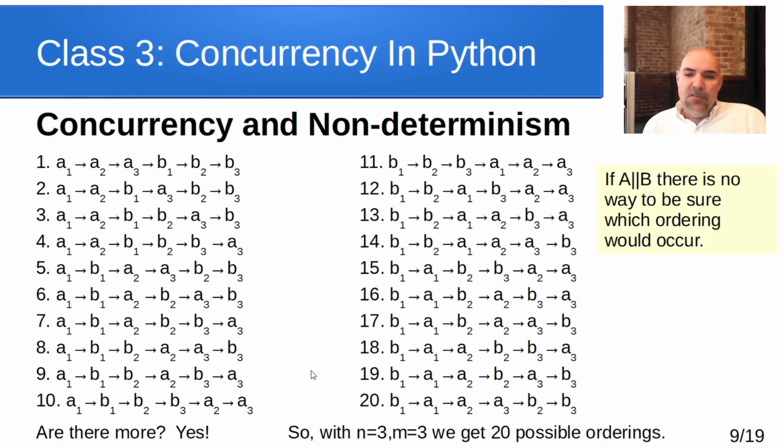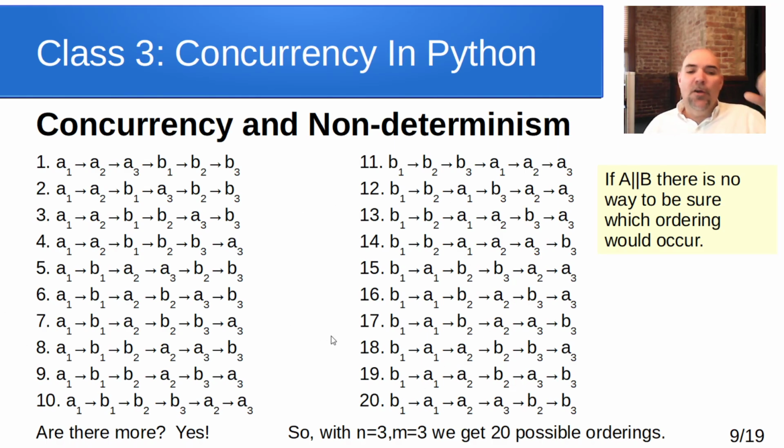Now, if A is concurrent with B, there's no way to be sure which of these orderings would occur. So we don't know which ordering might occur at any given time when we're executing these concurrently. And some of them, like in the case of the ornamental garden problem, this one or this one might happen almost every time, unless we get unlucky and have one where the two events happen at the same time and they overlap, and then it could be any one of these other ones.